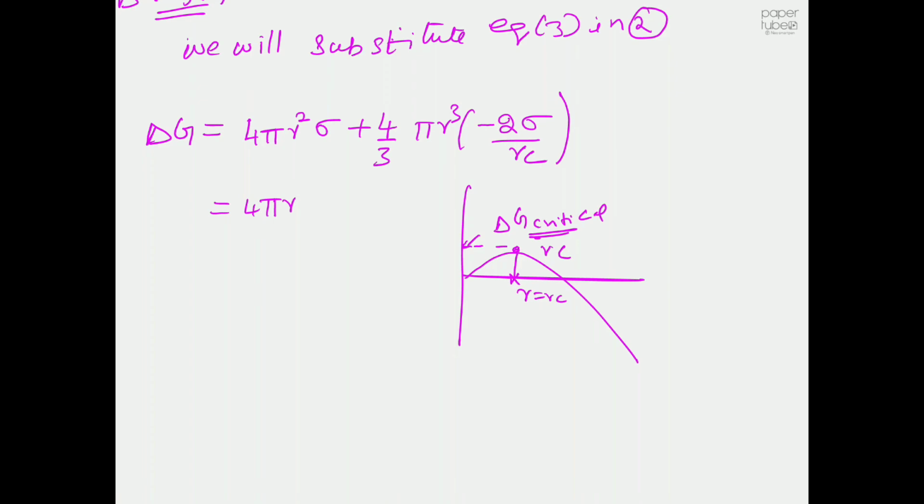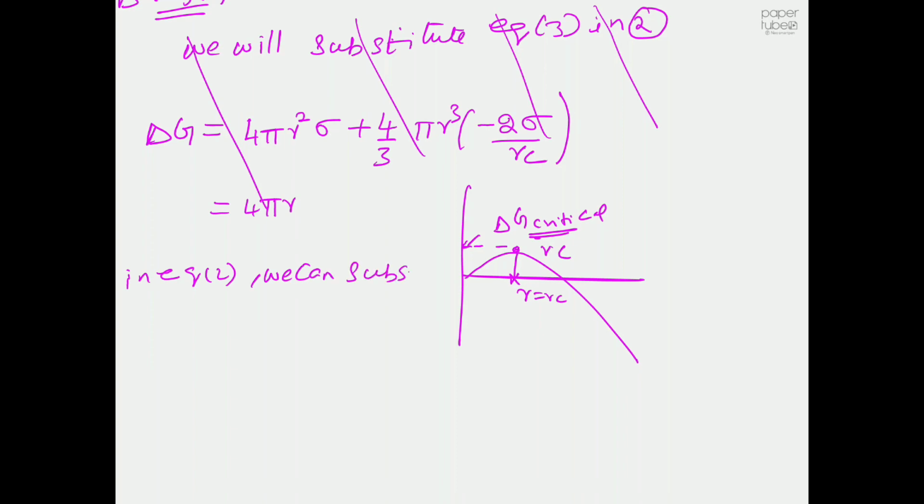So let's strike this for the moment. We will come back to this. In equation 2 we can substitute R is equal to RC. So when R is equal to RC, delta G will be equal to delta G critical.